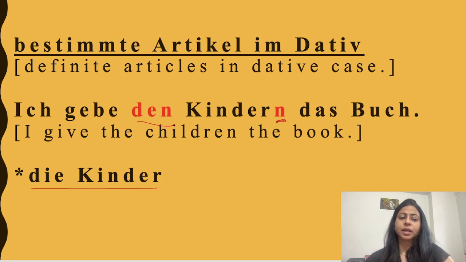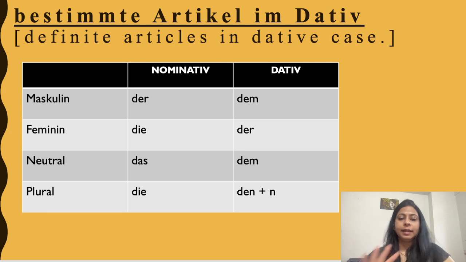Okay. Now let's look at this table. This will give you an idea of the difference, what changes from nominative to dative. So in nominative, the masculine article is der. In dative, it changes to dem.